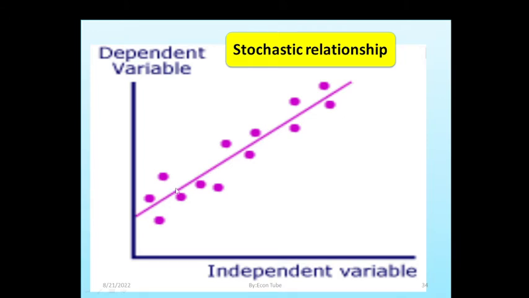If this is a fitted line, one observation may be below the line and another above the line, and they cannot fall exactly on the line. Such a relationship is stochastic, not an exact relationship. It may be below the line or above the line.